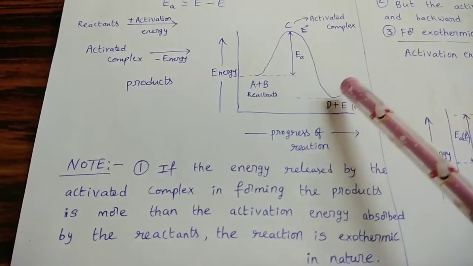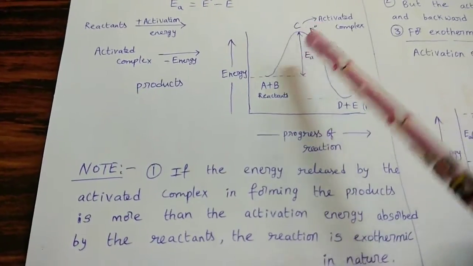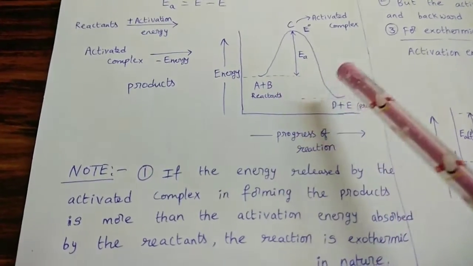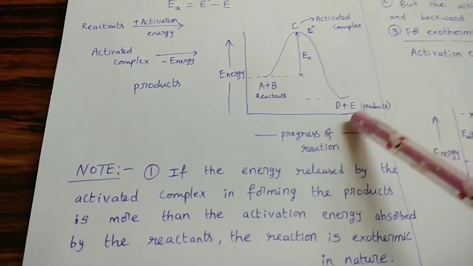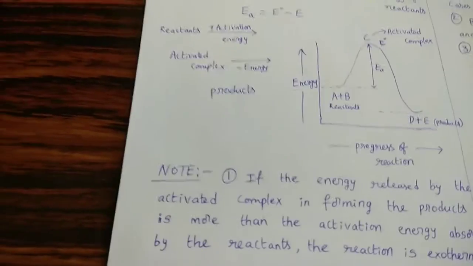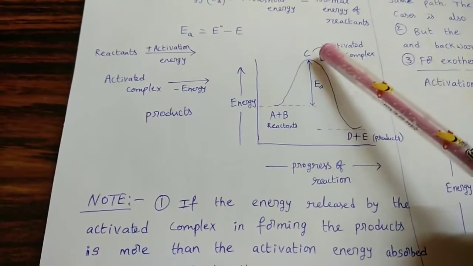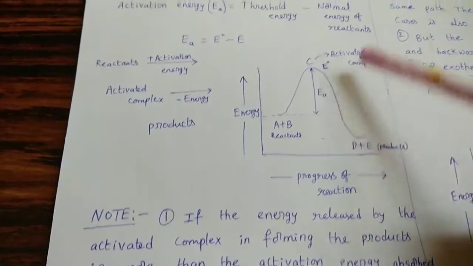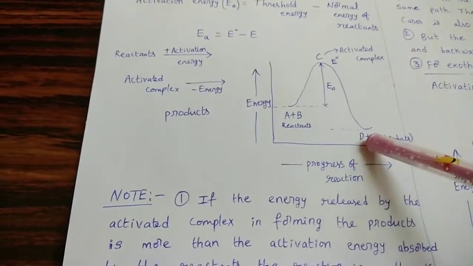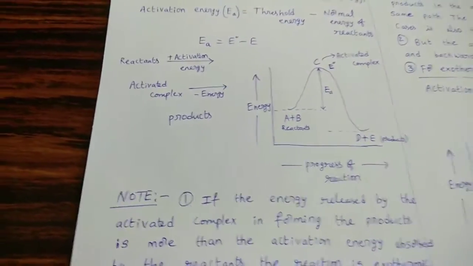This released energy is more than the activation energy absorbed by the reactants, then we can say the reaction is exothermic in nature. Now see this one. From this activated complex to these products, this energy gap is more than this one. That means this graph represents the exothermic nature of the reaction.